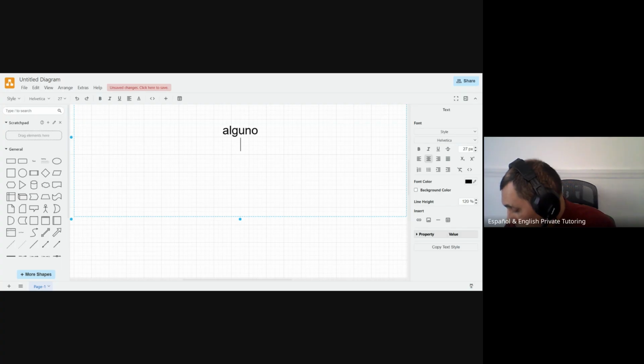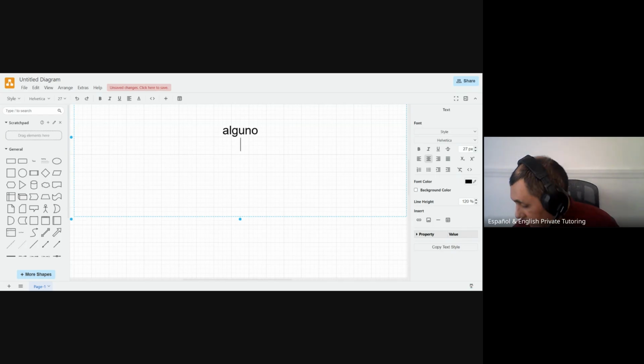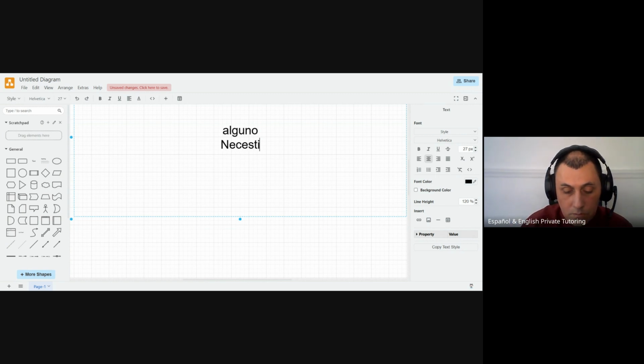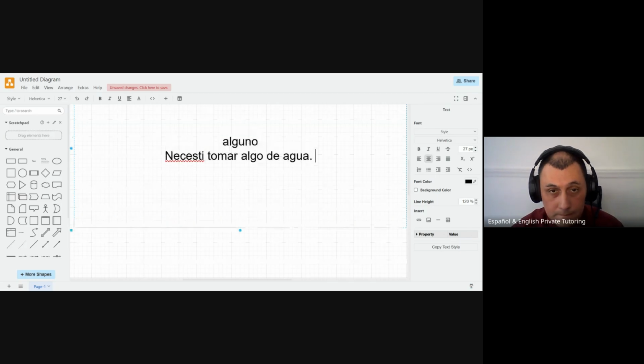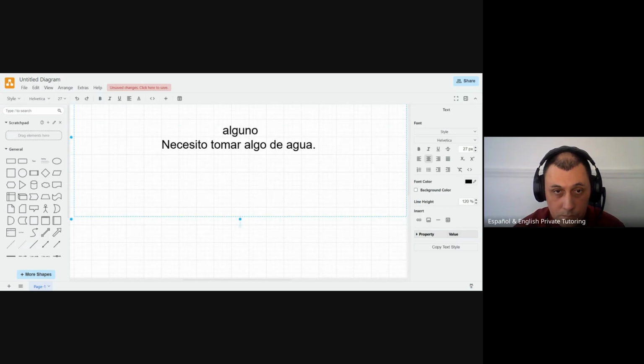So according to the book, it means some, but in some cases, I'm going to put this example here. Necesito algo.